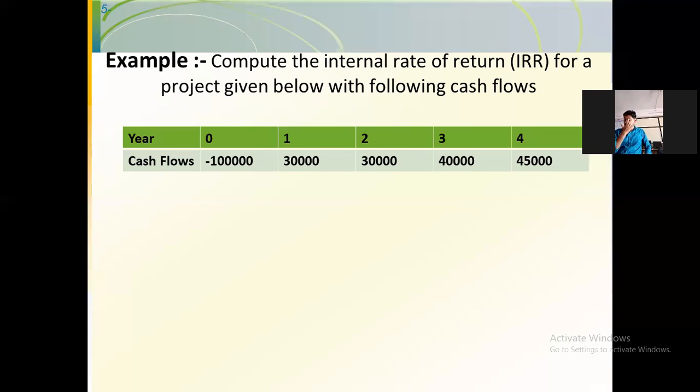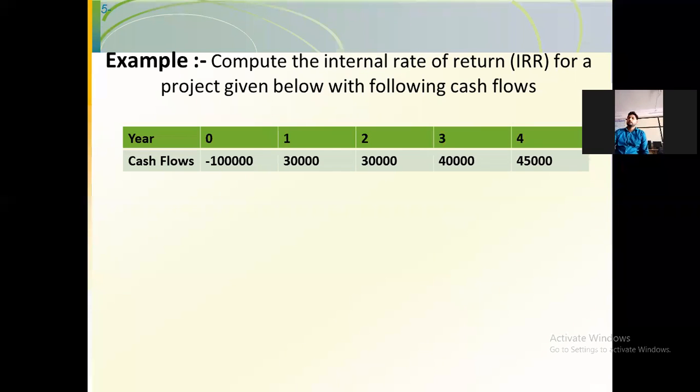For the second year, once again 30,000. For the third year, cash flow is 40,000. And for the fourth year, cash flow is 45,000.